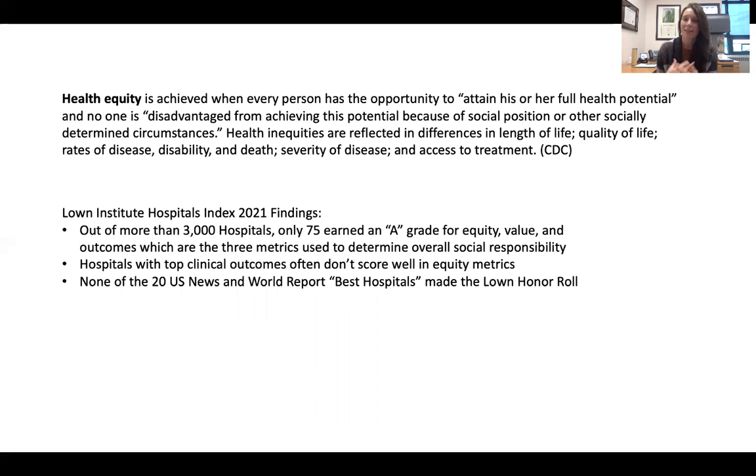So again, we know that some of us, because of a lot of the different social determinants of health, can do a better job of living what we would consider a high quality, long life, and having access to the care that we need. Not everybody can say the same. And so a part of our purpose, as many of us are working at not-for-profit institutions, is to provide care to the communities that we serve.